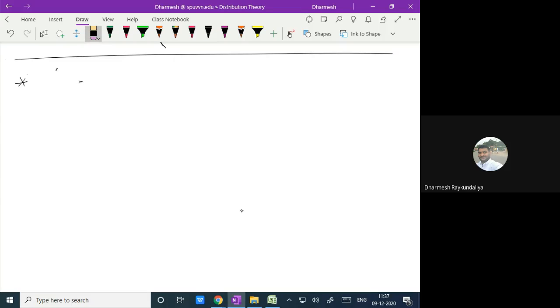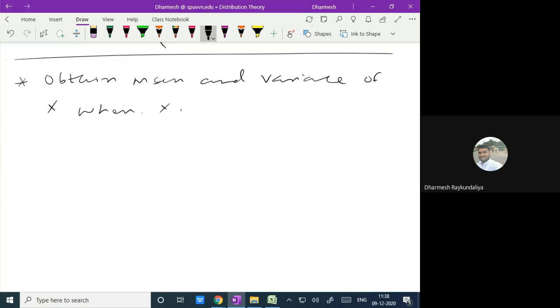So we know the part: obtain the mean and variance of x, where x is distributed as non-central chi-square with n degrees of freedom and non-centrality parameter lambda.